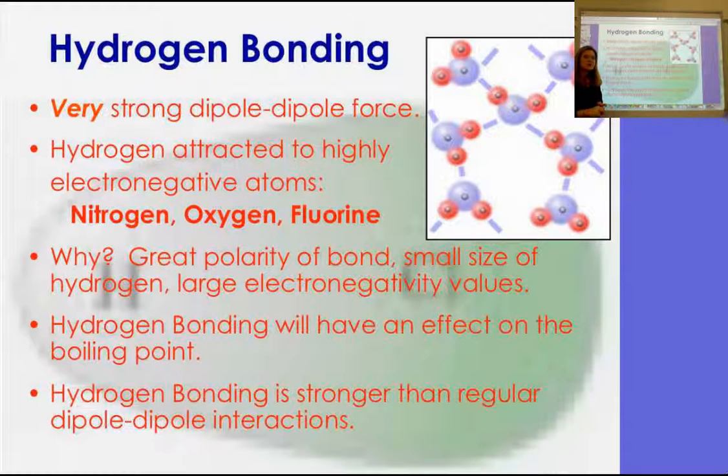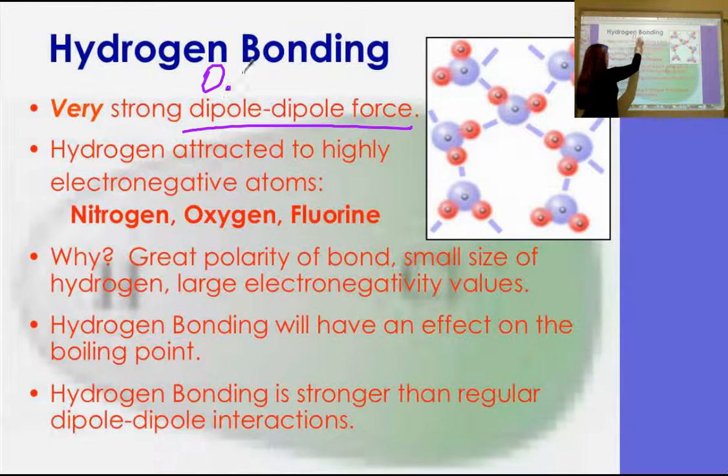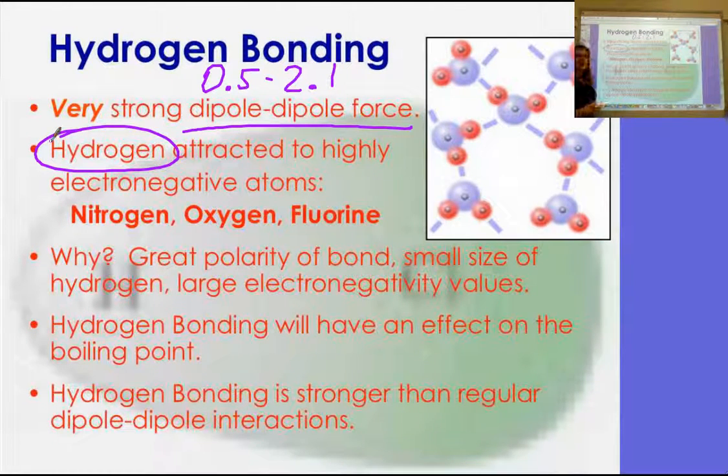Hydrogen bonding. Hydrogen bonding is a dipole-dipole force. It has to be between 0.5 and 2.1, and it has to be asymmetrical. Now, what's so special about this? Hydrogen bonding obviously has to have hydrogen. You have hydrogen bonding when there's hydrogen bonded to either a nitrogen, an oxygen, or a fluorine.